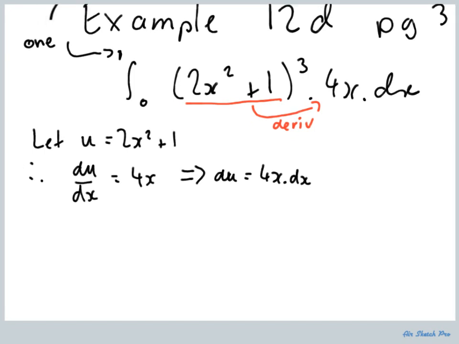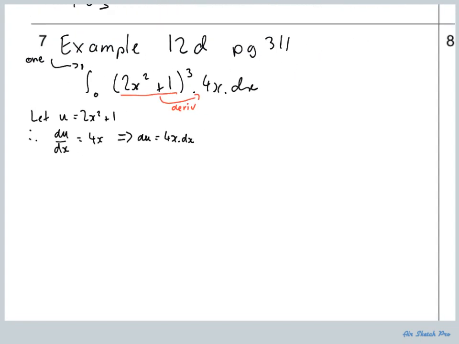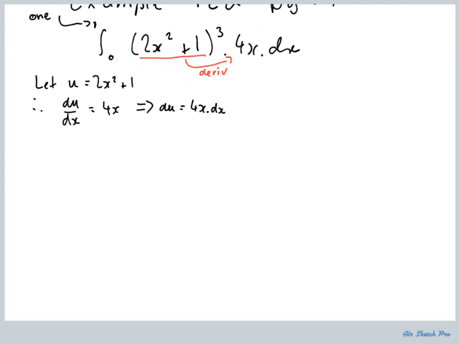So that means that the integral from 0 to 1 of (2x squared plus 1) all cubed, times 4x dx is actually equal to the integral of u cubed du.